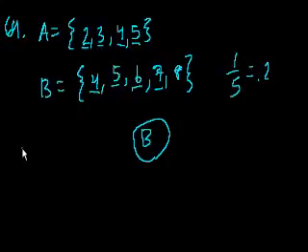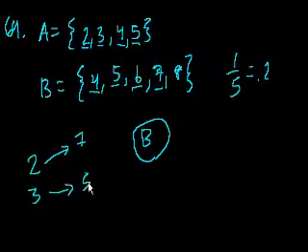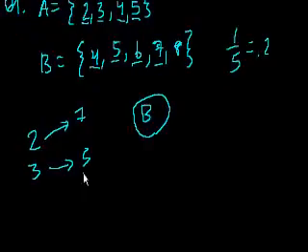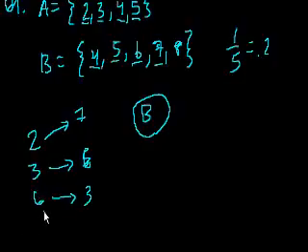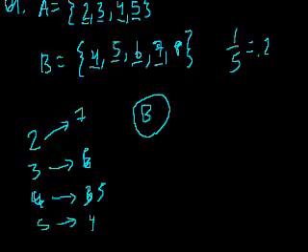If I pick 2, I have to pick 7. If I pick 3, I have to pick 6. And if I pick 4, I have to pick 5. And if I pick 5, I have to pick 4, right?